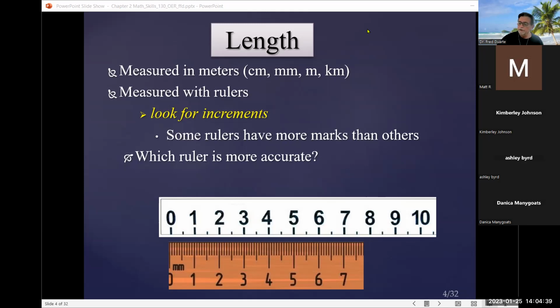What if I were to measure this distance here of that arrow, okay? If you look at that, using the white ruler, what would you think that value would be?